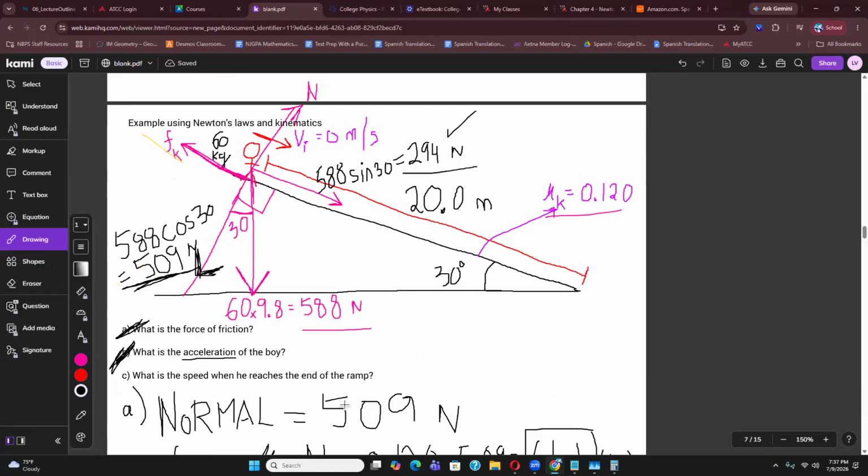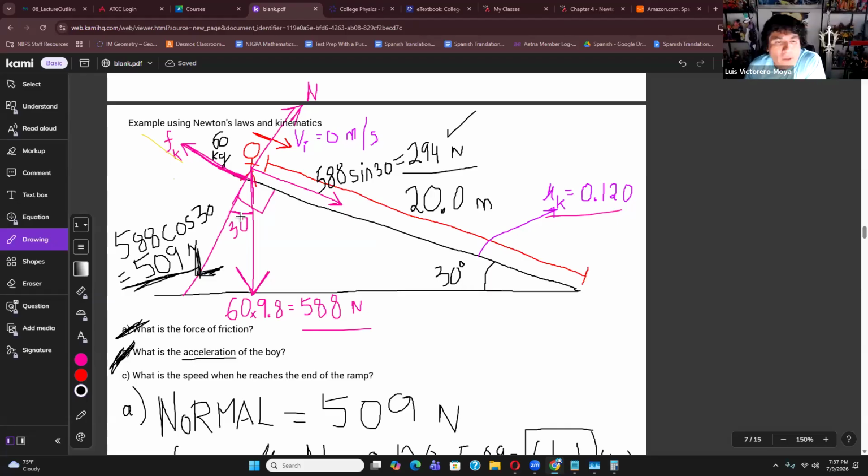But what if we just draw the weight line that goes straight down for the force of the weight? Why do we have to make a cosine on the left? Why couldn't it have been sine? Because if I drew the straight line down, wouldn't I have gotten 588 sine 30 instead of 588 cosine 30?